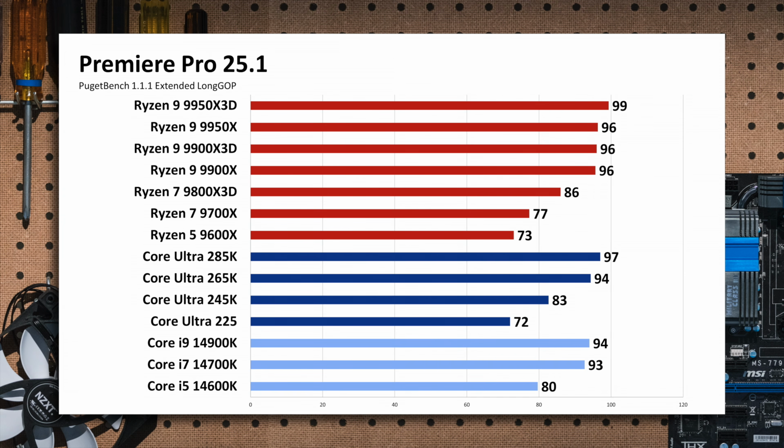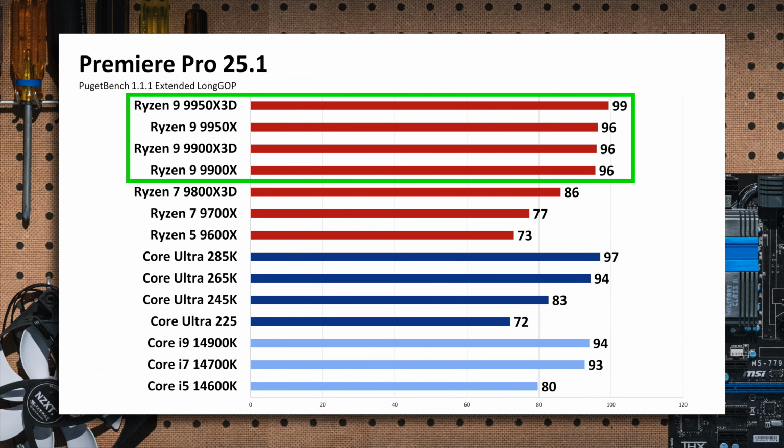And here, once again, it is a similar kind of story, but more cores don't always equal better. If you look at the AMD side of things, everything from that 12-core 9900X up to the 16-core 32-thread 9950X3D is within a couple points of each other, and even the top end Intel score, that 285K, is right in that same ballpark.